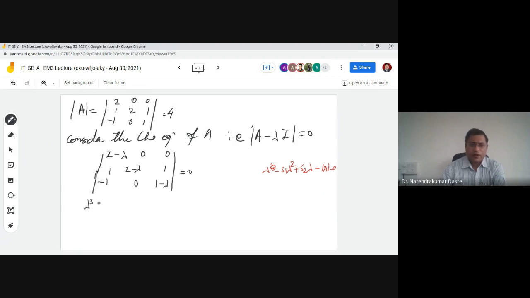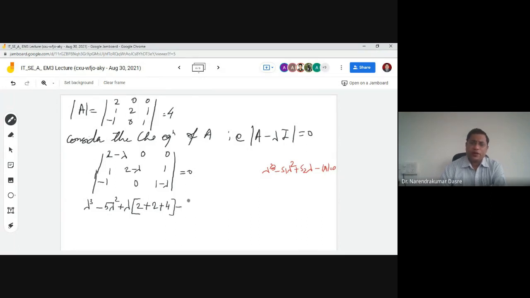So, what did we get here? Lambda cubed minus the sum of the diagonal elements, so it is 5 lambda squared, plus lambda times the sum of the minors of the diagonal elements. For the first 2 we have 2 times 2 and 0, for the next 2 we have 2 times 1, and for the 1 we have 4 and minus 1.